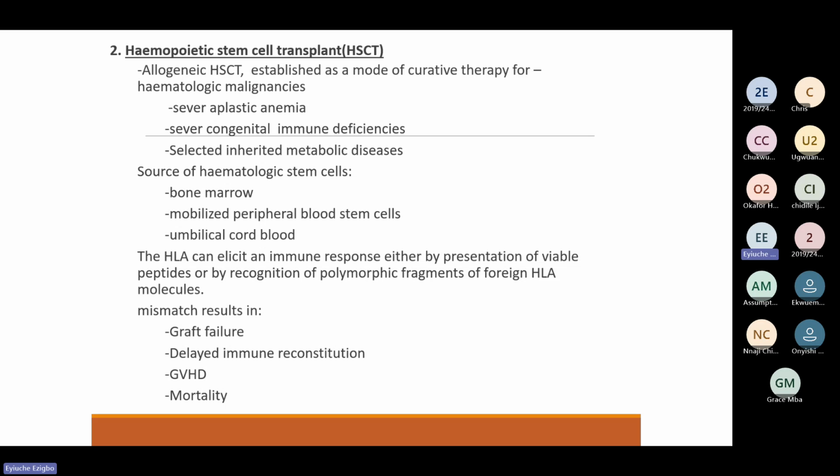Okay. The HLA can elicit an immune response either by presentation of viable peptides or by recognition of polymorphic fragments of foreign HLA molecules. And if there is any mismatch in this process, it can lead to graft failure, delayed immune reconstitution, graft versus host disease, and death of the recipients.